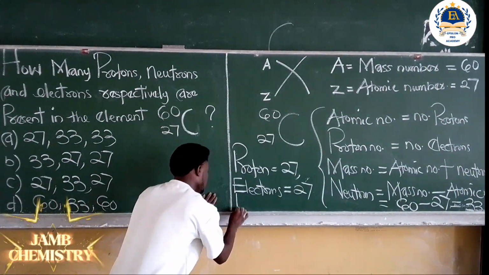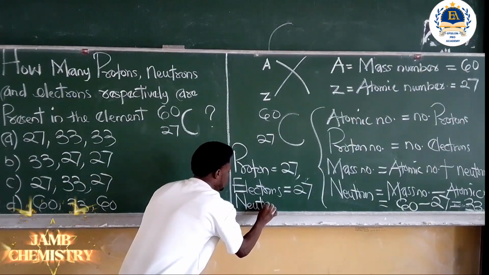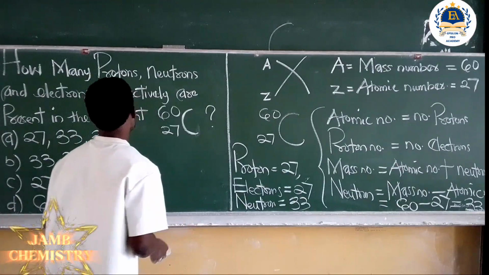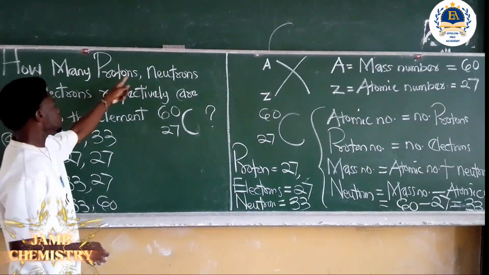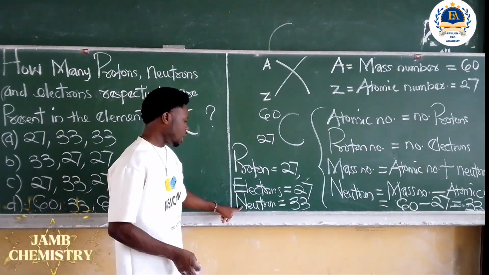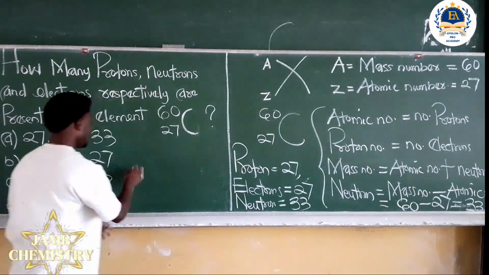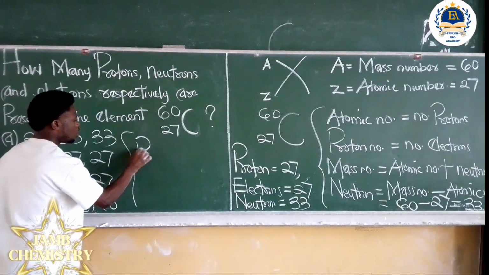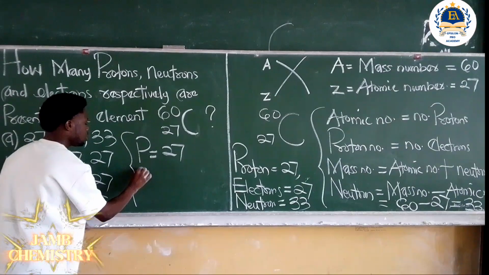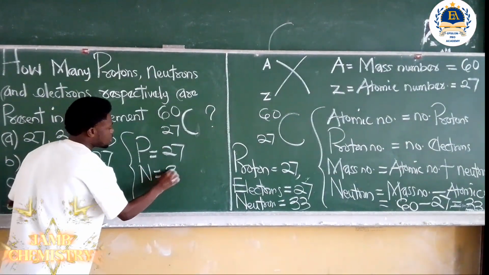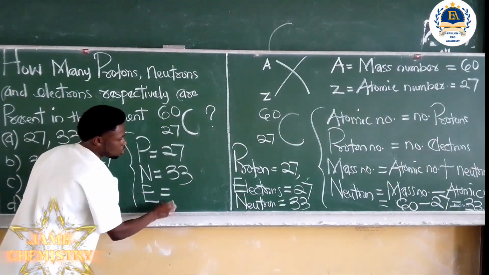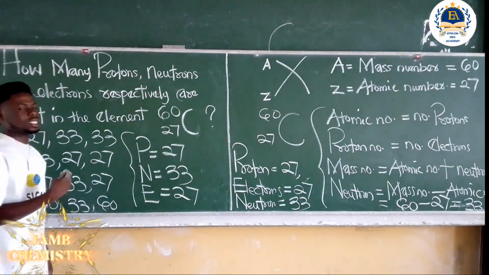So the number of neutron is equal to 33. Okay, from the board it was given as proton, neutron, and electrons. So proton P is equal to 27, neutron N is equal to 33, and electrons E is equal to 27 respectively.